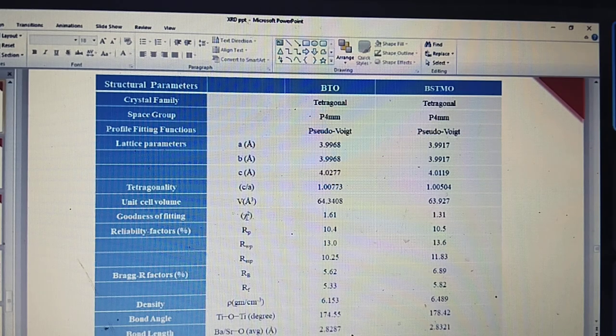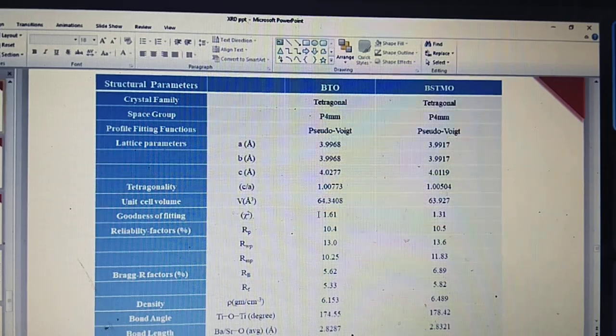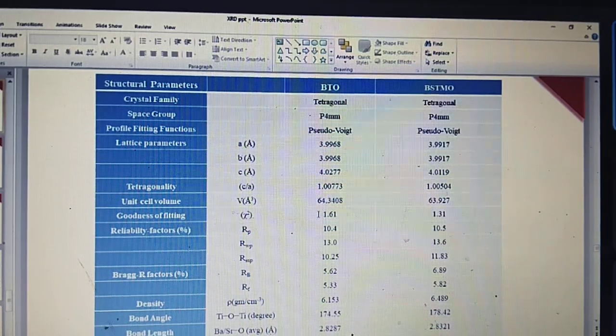Actually, we can say that if it is within about 10% variation, then it is okay. If you go beyond that, then you have to look at your refinement, what you are doing. Sometimes chi-square values are also not ideal; I was telling you that the ideal value is 1. But you have to take into account other values, and if it is more than 2 or more than 3, that is also acceptable to us.